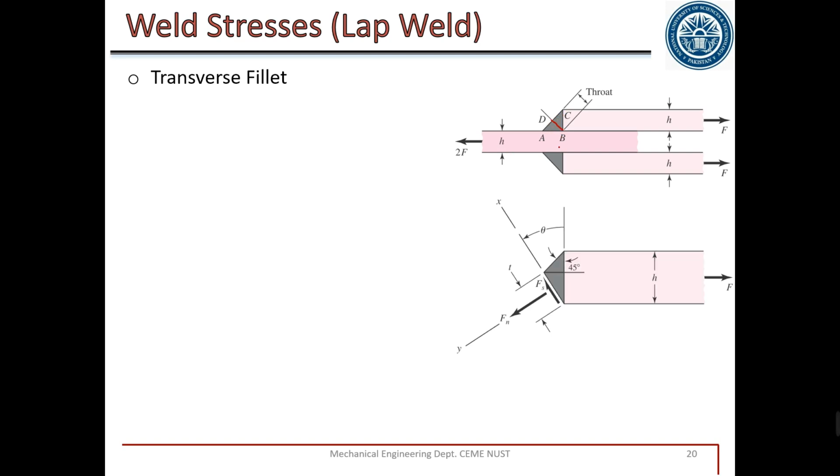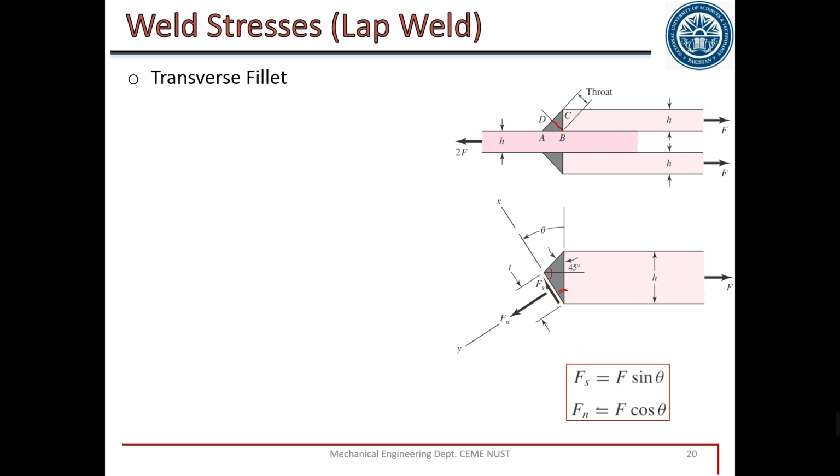If you enlarge this picture, this area is the shortest, because if this length is h, what is this t? If we have 45 degrees, we need to calculate this t as a function of h. So this angle is theta, this is 45 degrees, and the remaining angle is 180 minus 45 minus theta. Forces on this surface: we have shear force and we have normal force.